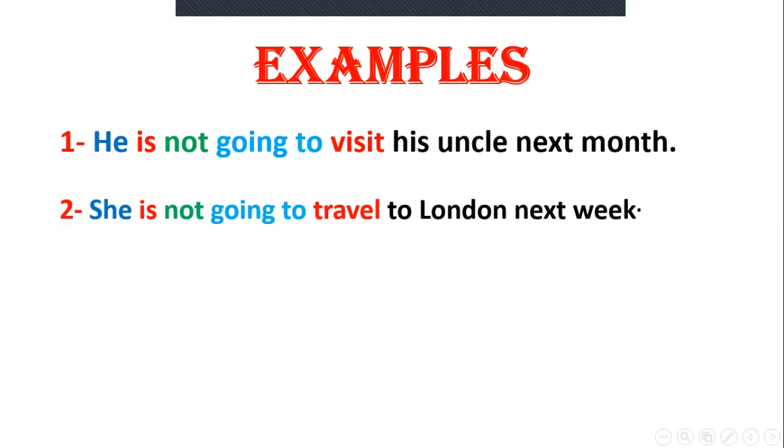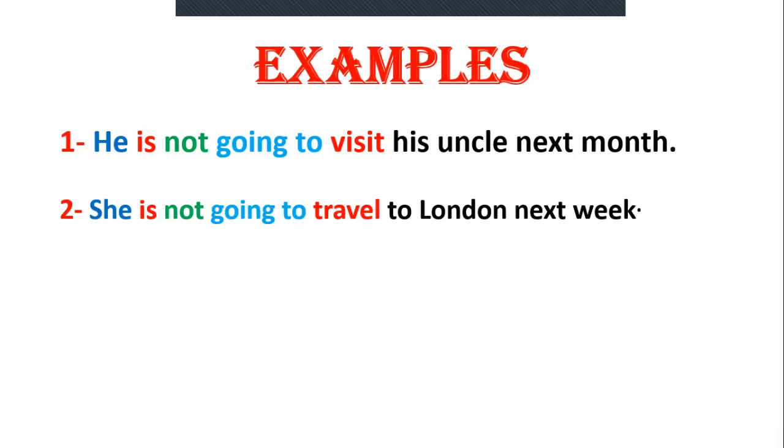Look at travel. I can say travels, traveling, traveled, but we use the verb in infinitive, travel: going to travel. She is not going to travel. Here we use not after verb to be to make positive or negative sentences? Excellent. We use it to make negative sentences.